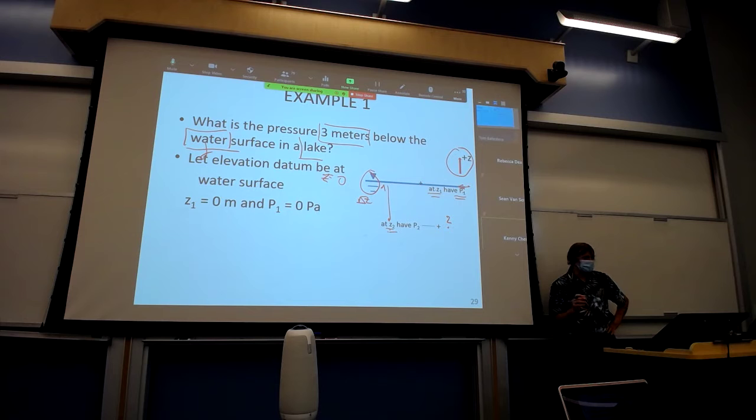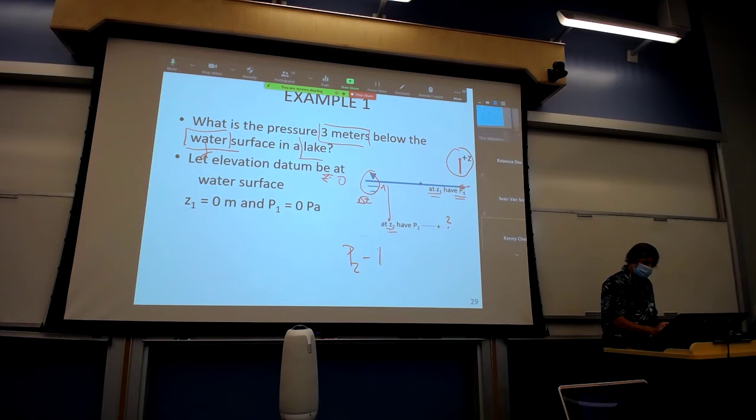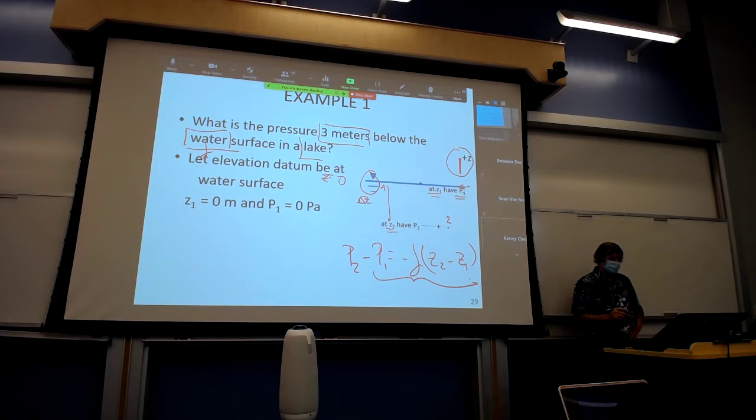So again, since we set the elevation datum at the water surface, and we know that the water surface is a free surface, we know Z1 and we know P1. And again, what we're trying to do is solve P2 minus P1 is equal to minus gamma (Z2 minus Z1). So again, we know everything in this equation except P2.